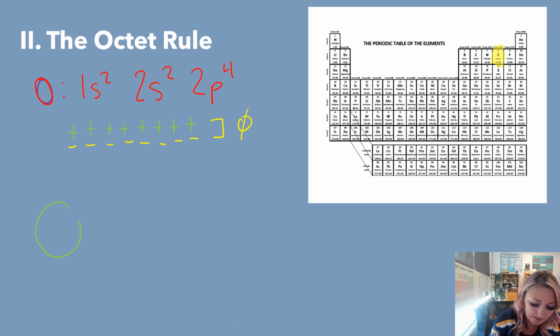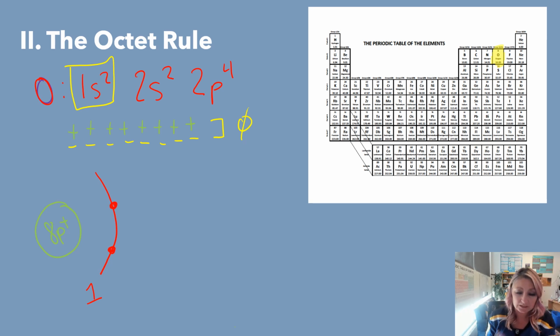So in my nucleus, I have 8 protons. In the first energy level, I have 2 electrons. 1, 2. Done.